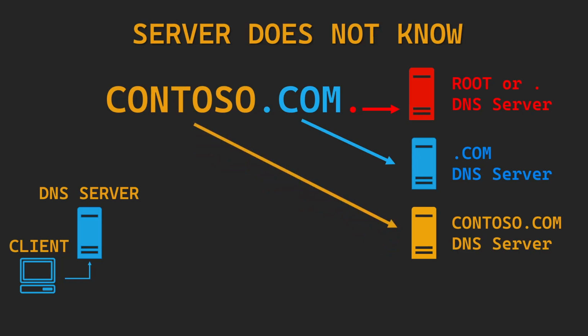After these recursive queries, our DNS server receives a reply and returns it to the client. In the end, the client knows which IP address corresponds to the site and forwards a packet with exactly this address in the destination IP address field.